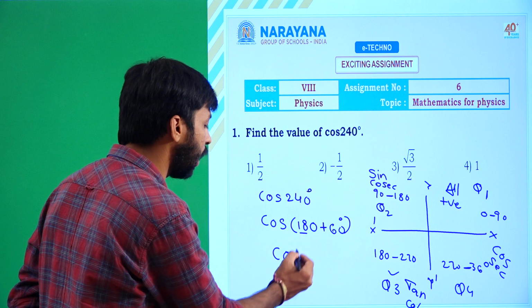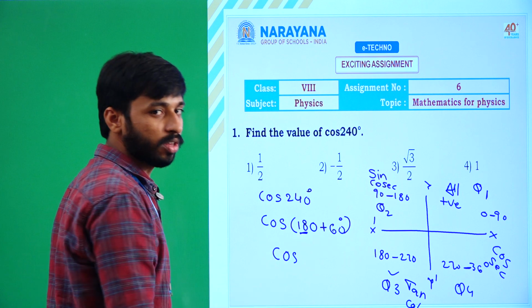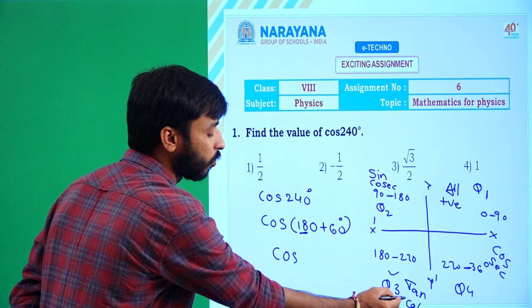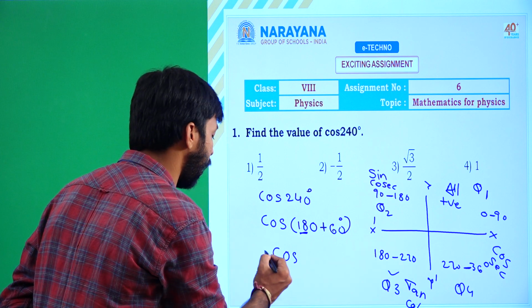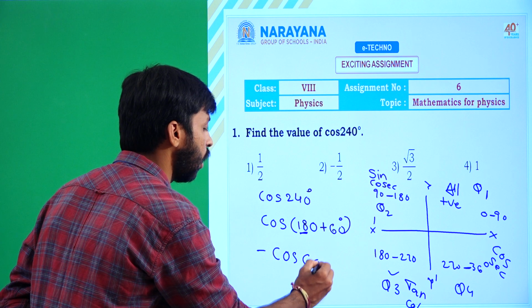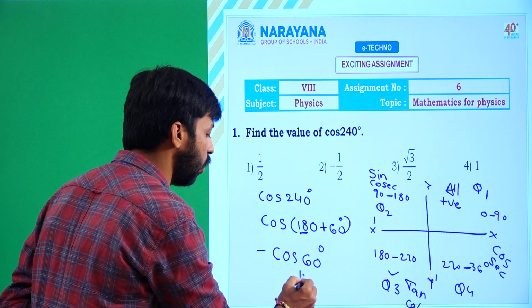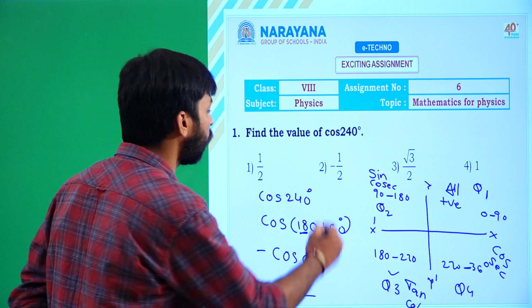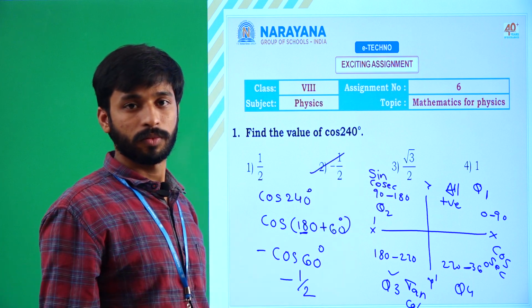So cos 180 plus 60, cos will remain, tan and cot are positive, remaining are negative, so minus cos 60. Already we know that cos 60 is 1 by 2, that is minus 1 by 2. The option is the second option.